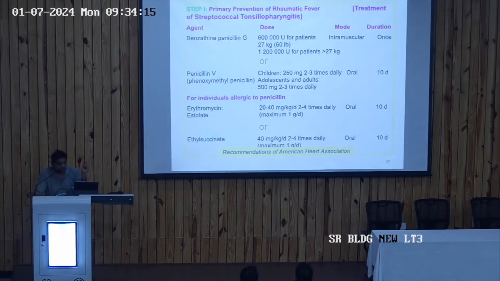In step 1, primary prevention of rheumatic fever: if the patient has tonsillitis or tonsillopharyngitis, because these may convert into carditis or other clinical features, we have to prevent it.